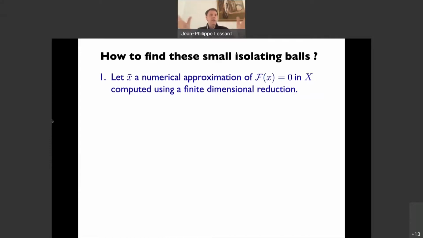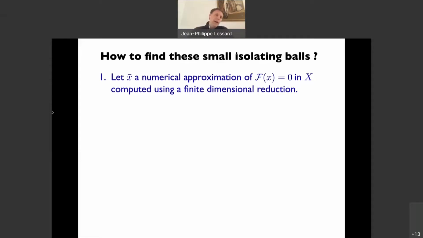So what we'll do is take a finite dimensional reduction of that problem, say of dimension capital N. Then we will apply a numerical approximation scheme, so Newton's method or continuation or iterative methods, homotopy methods, whatsoever. There's a lot of different tools from scientific computing to compute approximations of zeros of finite dimensional maps. So that will be the first step, right?